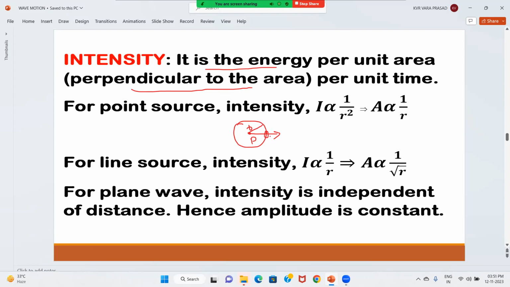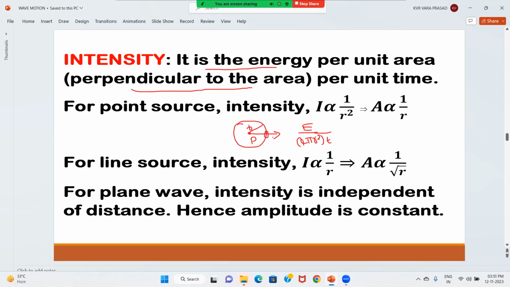So if you calculate energy per unit area, it is E by 4 pi r square. Intensity is per unit time, and energy by time is power. So power per unit area is intensity.